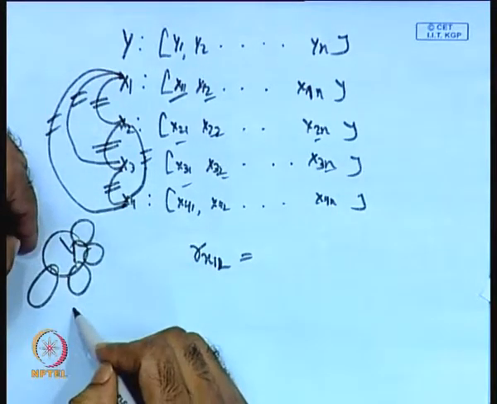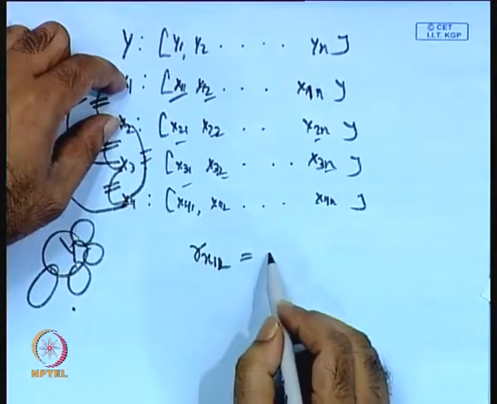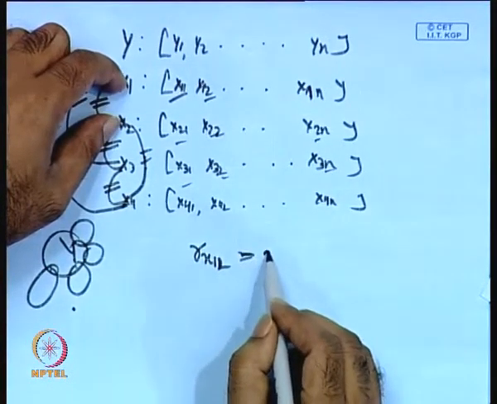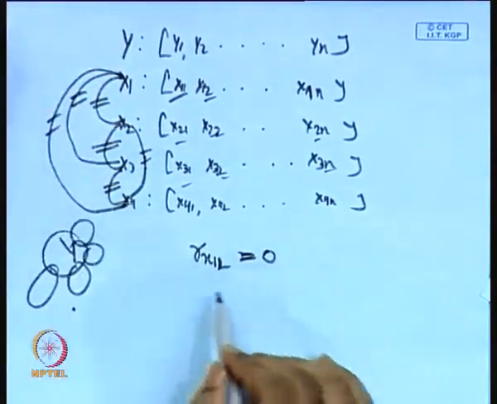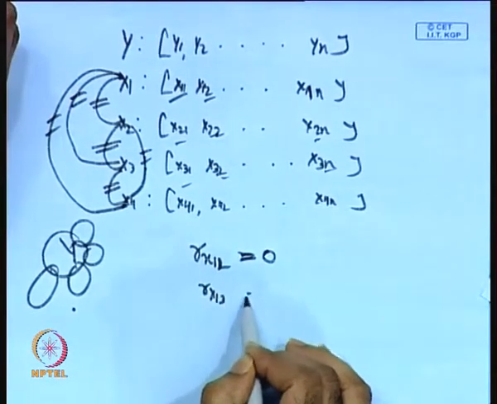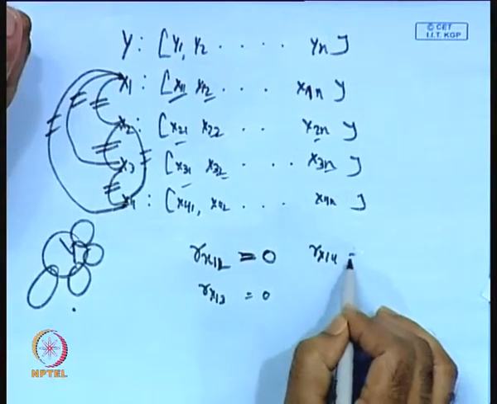If your structure is like this and you correlate x1 and x2, then obviously it will be equal to 0, because there is no common point here. Similarly, r x1x3 will also equal 0, then r x1x4 is also equal to 0.